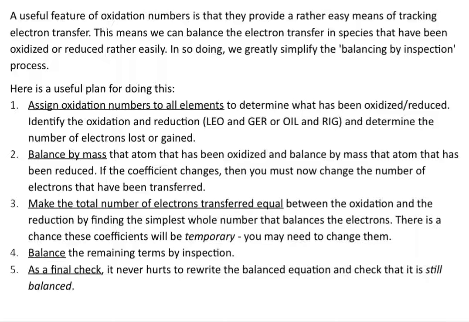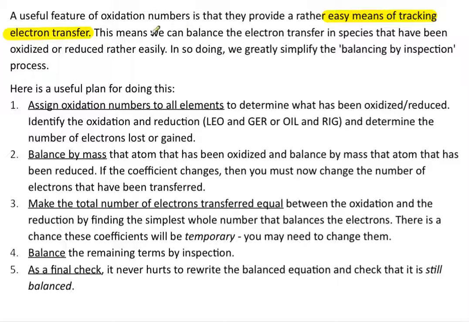All right, so just a quick read here. I'll quickly explain it, and you might want to pause it to read it in a minute. Again, the useful feature of oxidation numbers is they provide an easy means of tracking electron transfer, as I've mentioned before. By assigning oxidation states, we can see the number of electrons that move from one species to another.